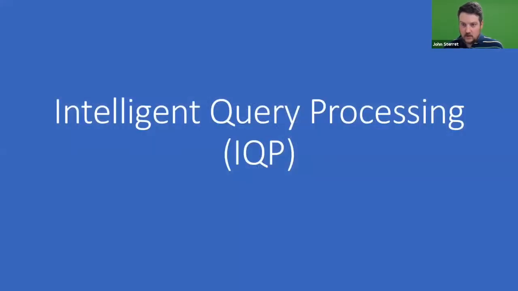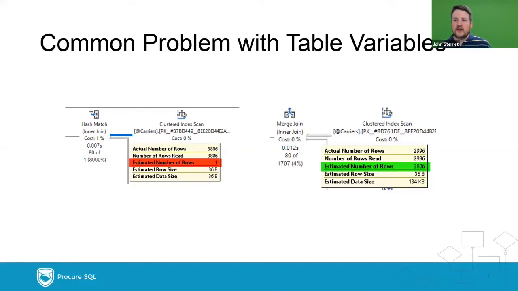All right. With that, we're going to go straight into a common problem with table variables. There's quite a few, but a really big one that jumps and bites everyone in the butt at least once or a dozen times is the example shown here on the left. You see that we're using a table variable, and it's assumed only one single row. Because of that, you usually are going to get an execution plan built off of that one single row, and it's going to hurt things downstream.